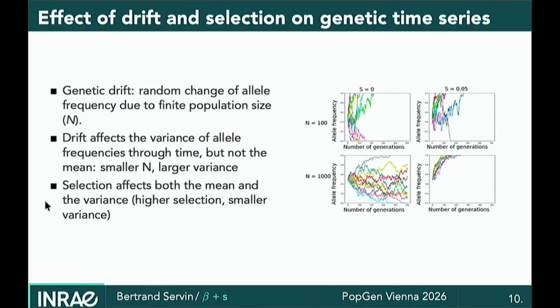With selection, the trajectory becomes more deterministic, going to fixation in the case of positive selection, and it also reduces the variance in the allele frequency trajectories. So in principle, if we knew the trajectory, we should be able to tell something about the parameters that lead to it, N and S.